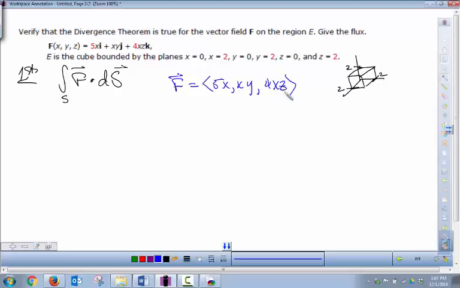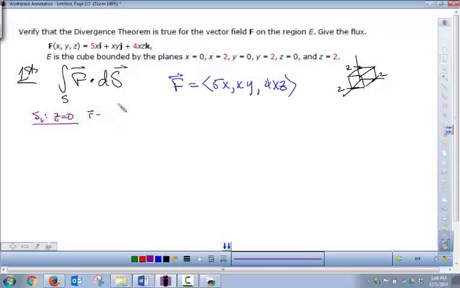All right, so let's do the surfaces one by one. Remember, there's going to be 6 of them. So let's say S1. Let's start with z equals 0. Let's see if we can keep track of this. The parameterization for this: you have z as a function of x and y.